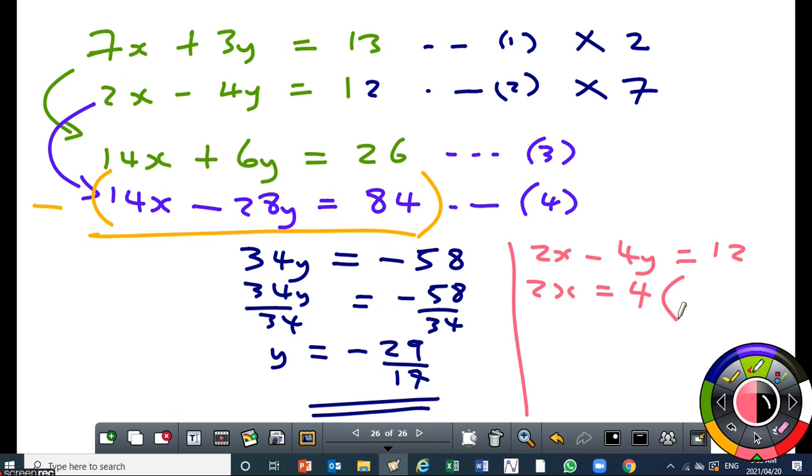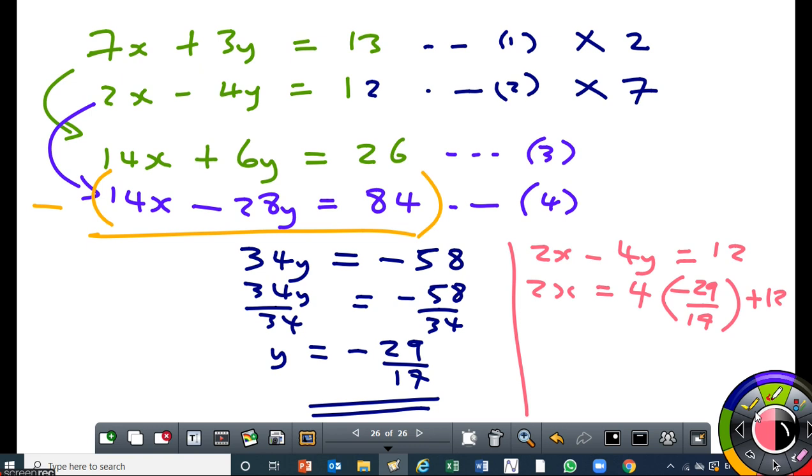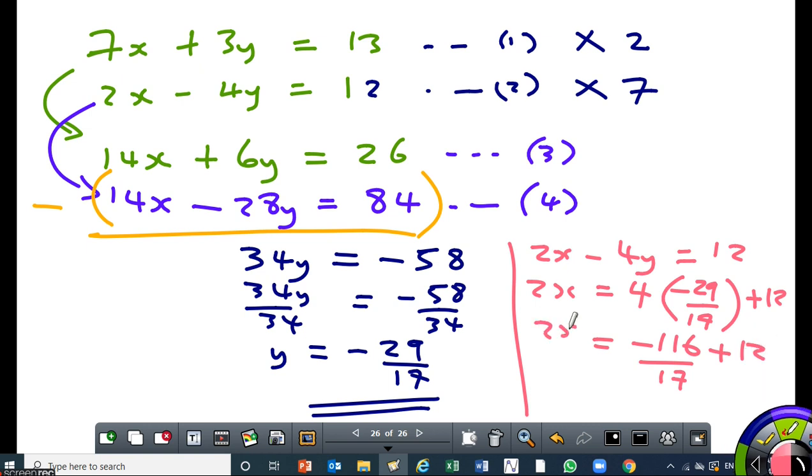If I take the minus 4y to the right, I'll get a positive 4, so it'll be 4 times minus 29 over 17 plus 12. 4 times minus 29 is minus 116 over 17 plus 12. That's equal to 2x.